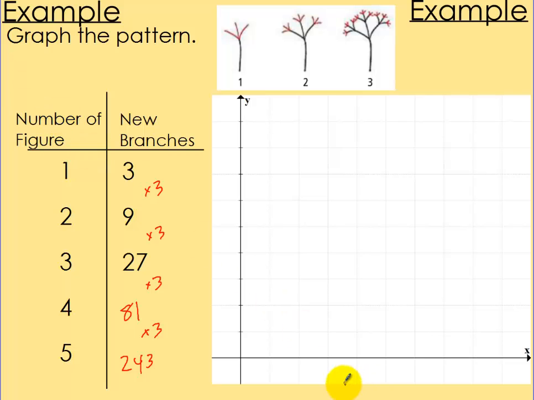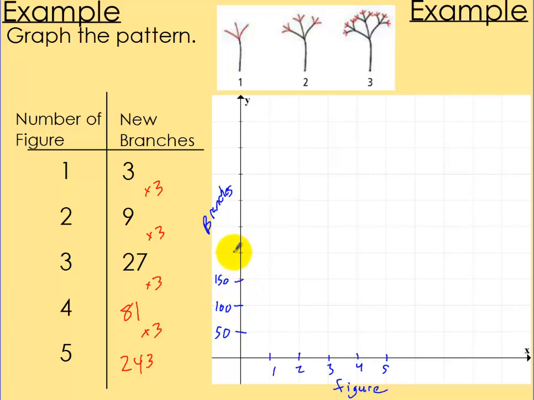So this is going to be the figure on the x-axis, and then we're going to say branches on the y. So what's figure? Well, we're counting up by 1, 2, 3, 4, 5. And new branches. Well, the lowest is 3 and the highest is 243. So I got to go up pretty fast here. So I'm going to go up by, let's say, 50 every time. 50, 100, 150.